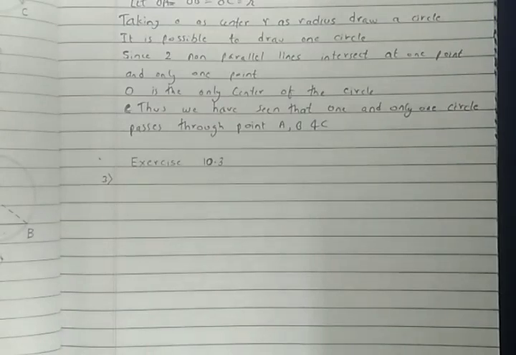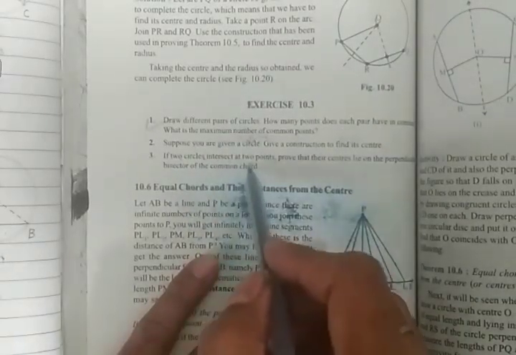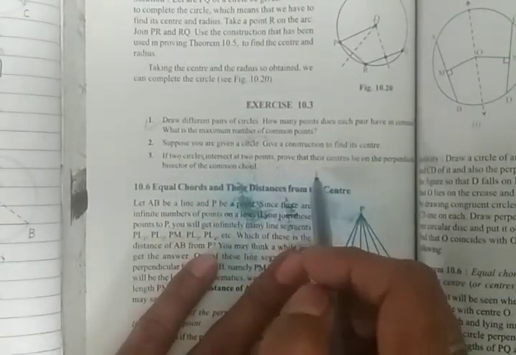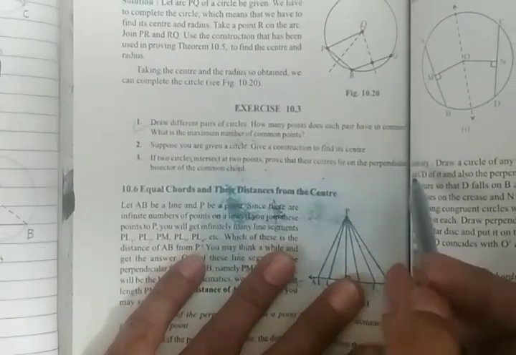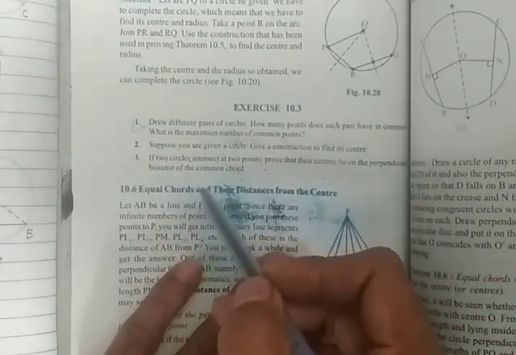Now let's solve exercise 10.3. We will solve the third sum. It says that if two circles intersect at 2 points, prove that their centers lie on the perpendicular bisector of the common chord.